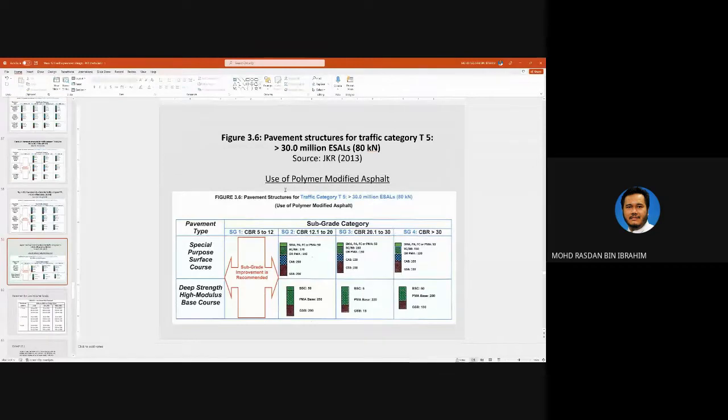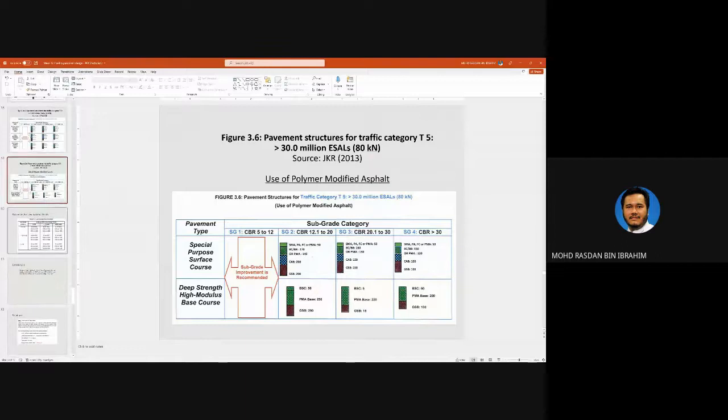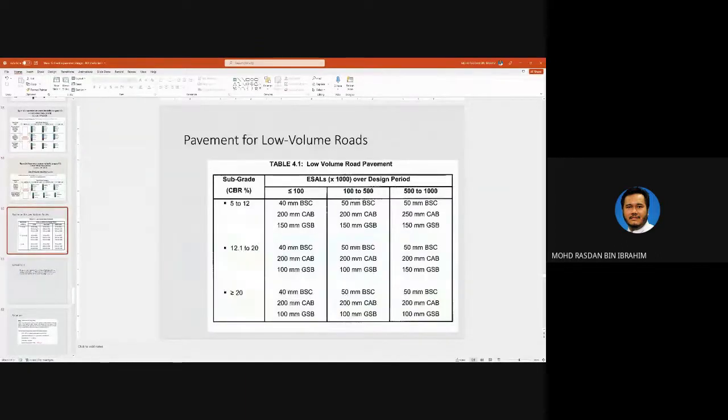So you have two options here: special purpose surface course or deep strength high modulus base course.